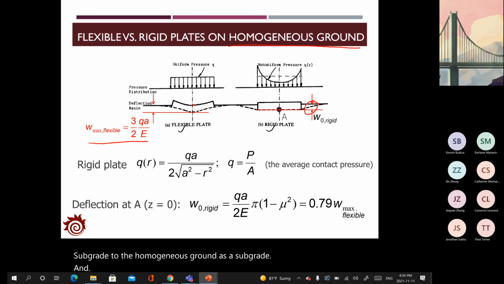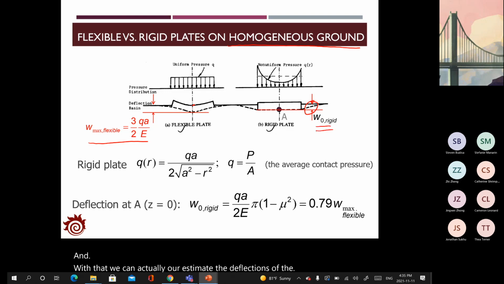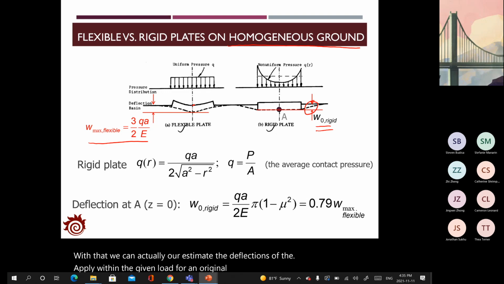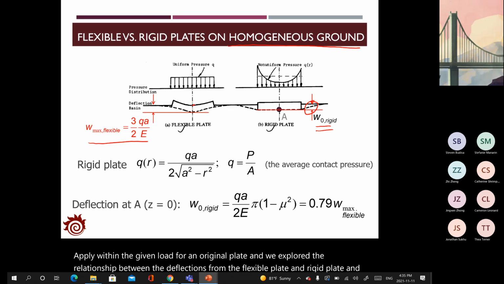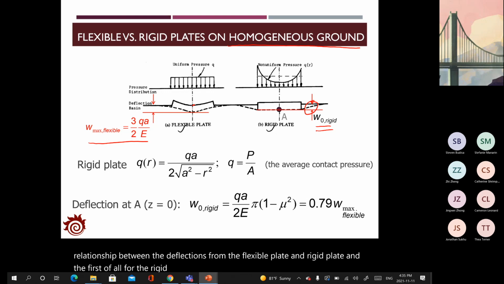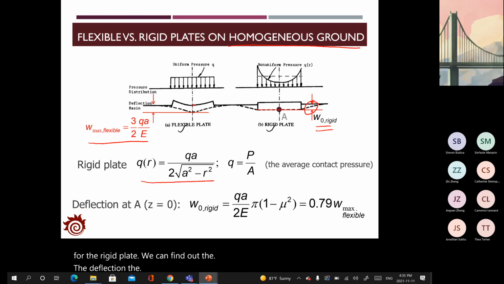With that, we can estimate the deflections within a given load for the rigid plate, and explore the relationship between the deflections from the flexible plate and rigid plate. First of all, for the rigid plate, we can find out the stress at any depth, at any contact area, at any distance.